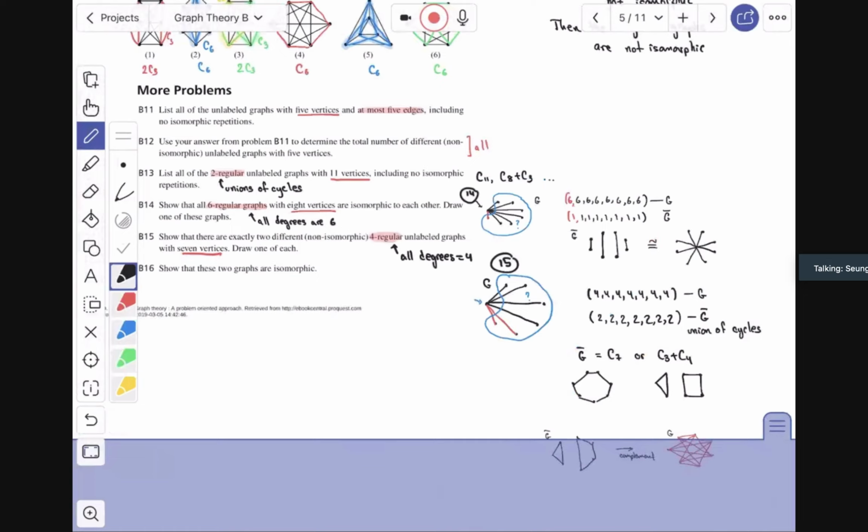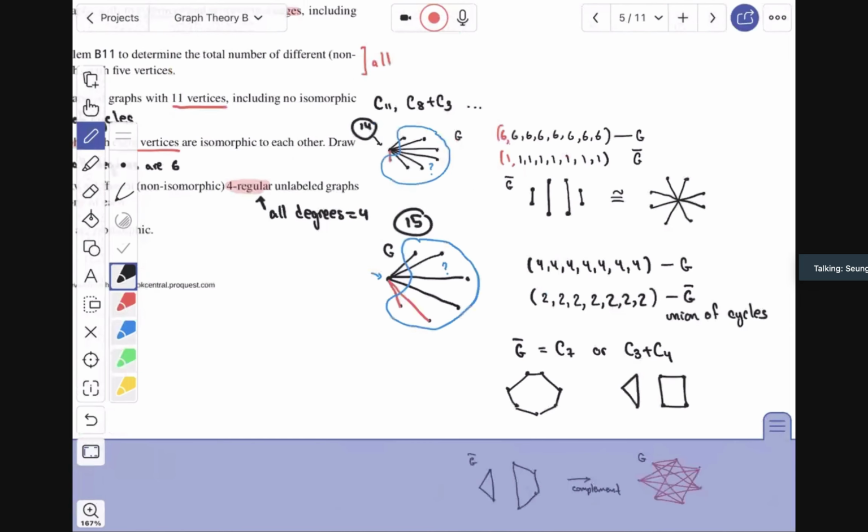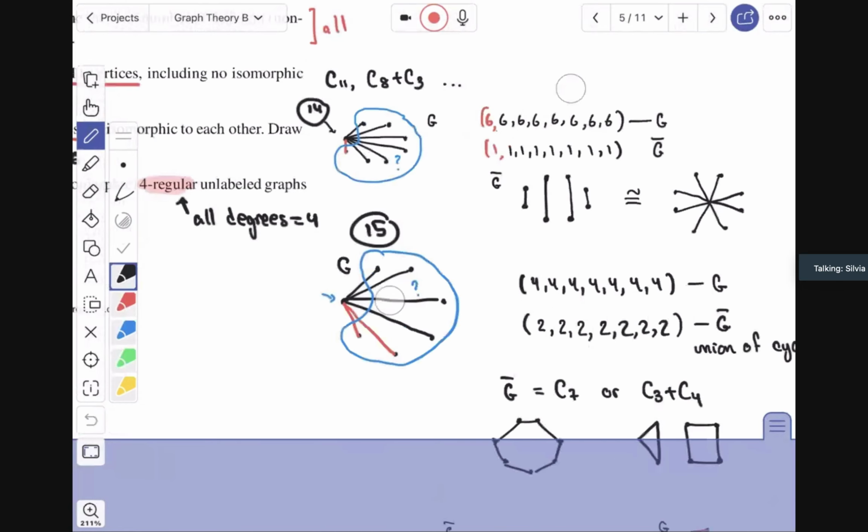By summing 2 n minus degrees, 1, we'll have minus 1 of the vertices. Yeah, exactly. So if you have n equals 8 vertices, this sum is n minus 1. So here you have n equals 7 vertices.